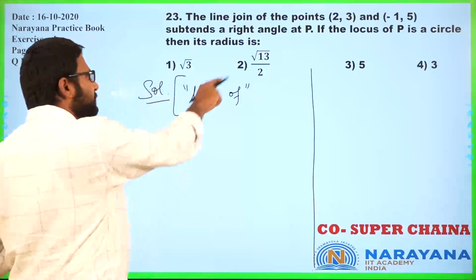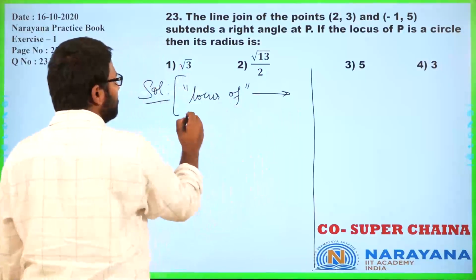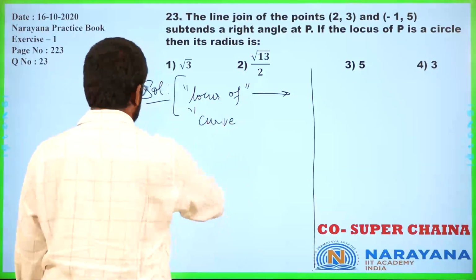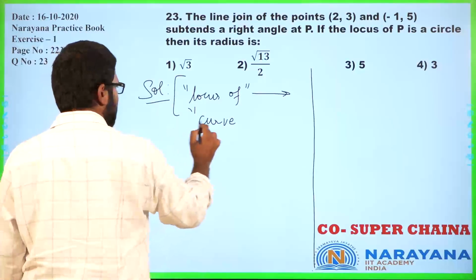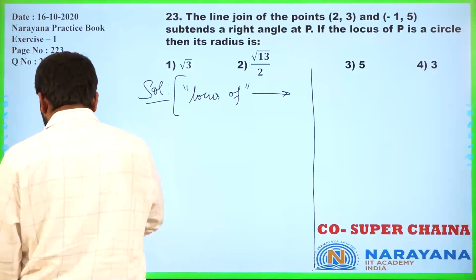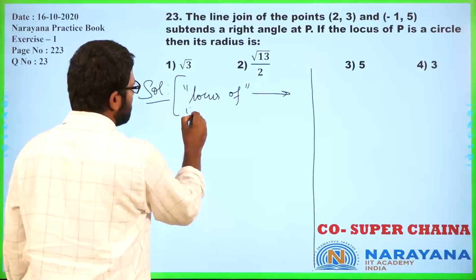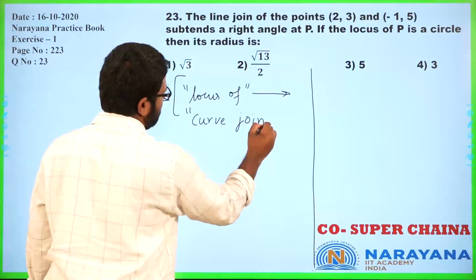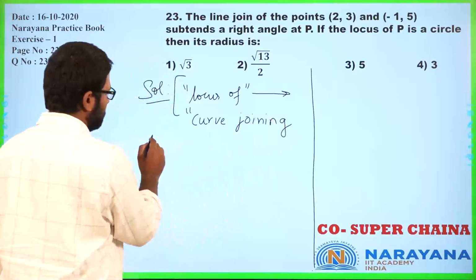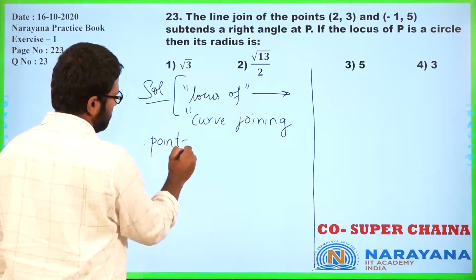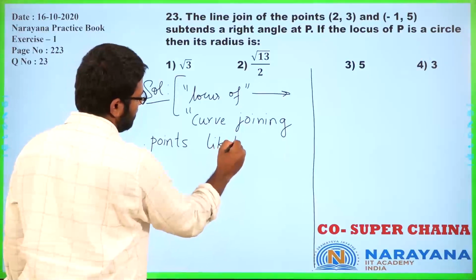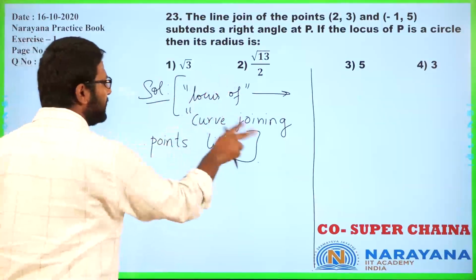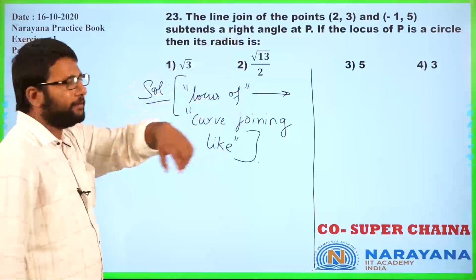Whenever you see locus of, you replace it with curve joining points like. Just replace these words with this and then read the question again.